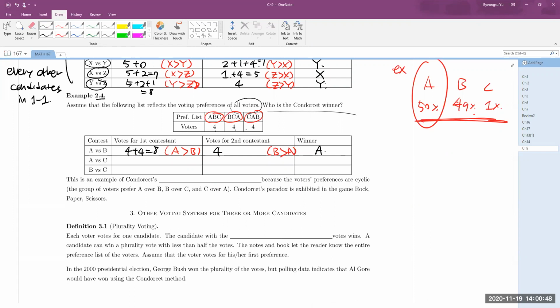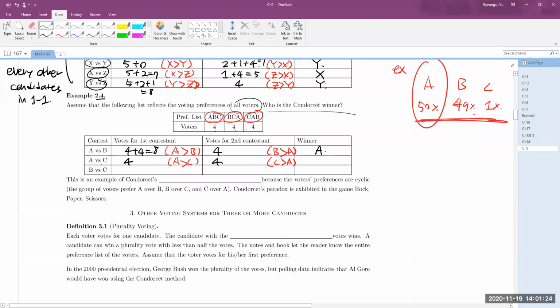Then we can do the same thing on A and C. So for the preference list ABC, 4 persons definitely think that A is better than C, because A is better than B and B is better than C. So we need to count 4 for this case where A is better than C. And for their preference list BCA, people in here think that C is better than A, so you need to count those 4 people in the second one.